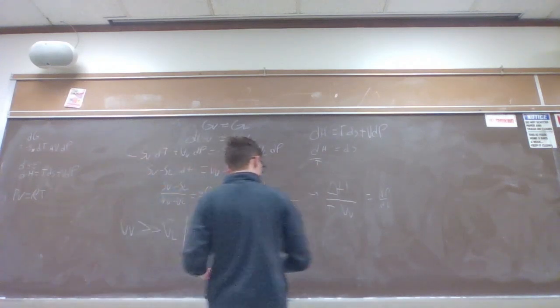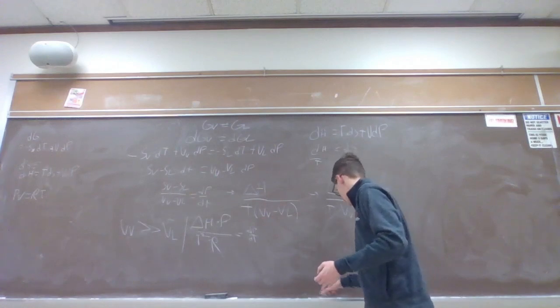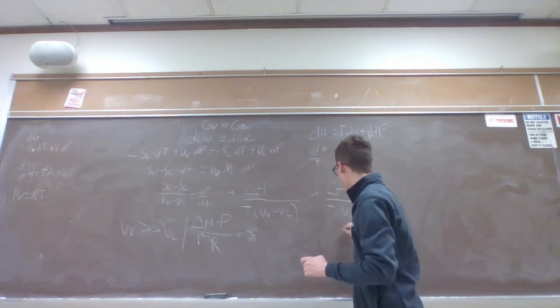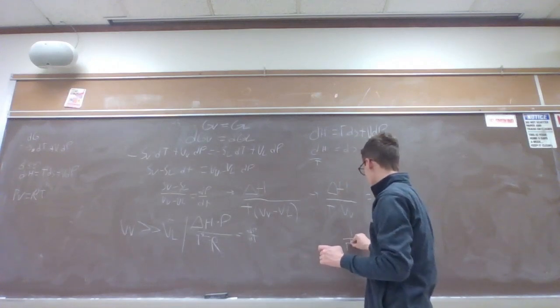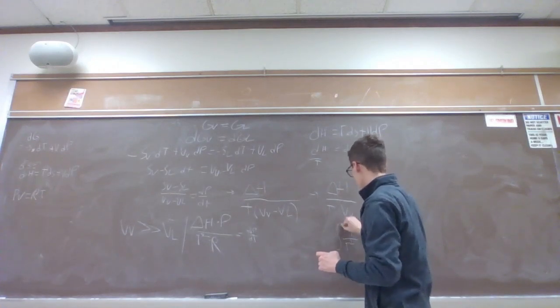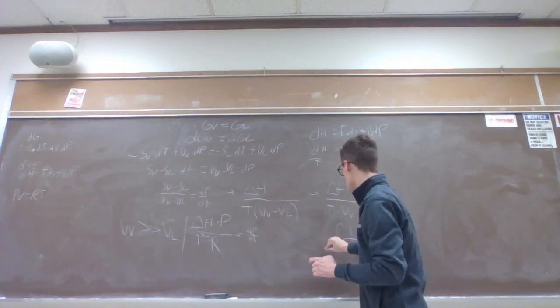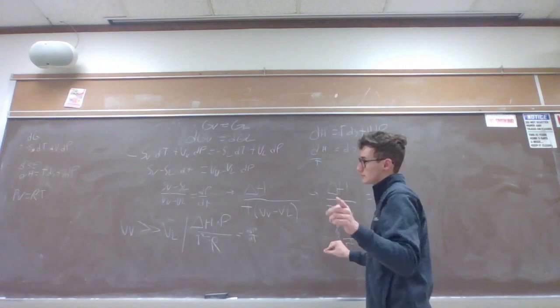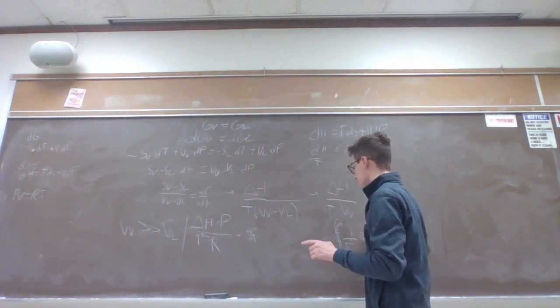And so what you end up getting is 1 over T squared dT, and then we want to integrate it to get rid of the dT.